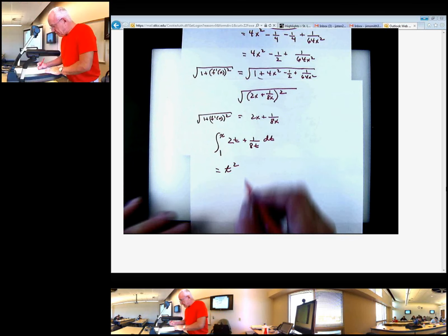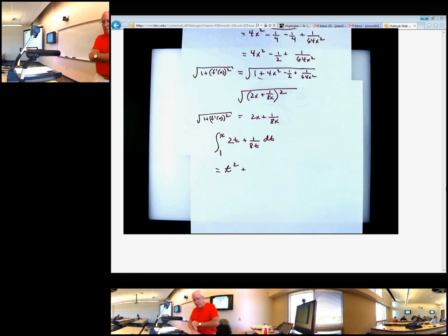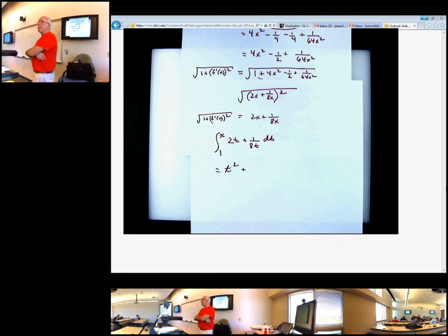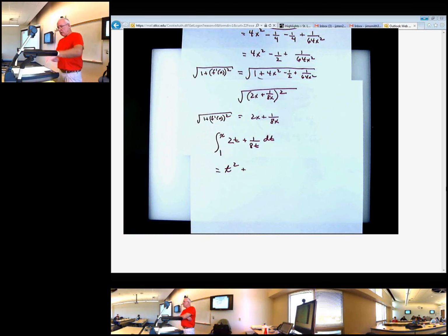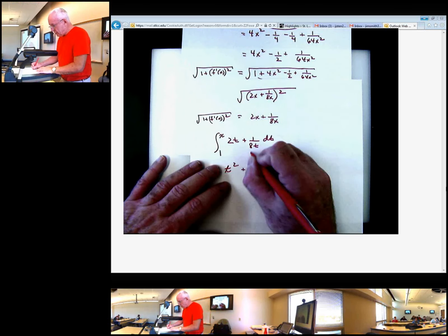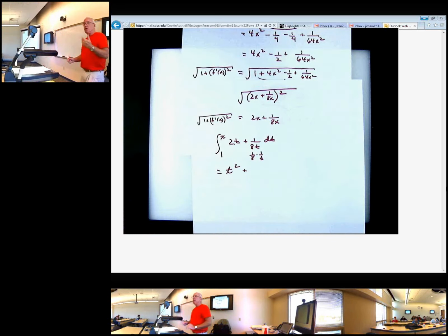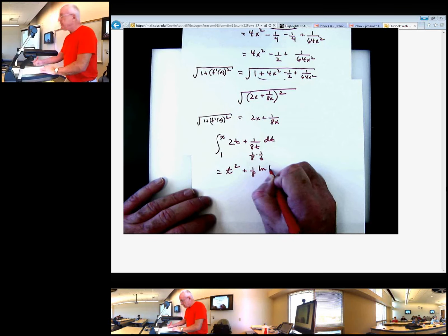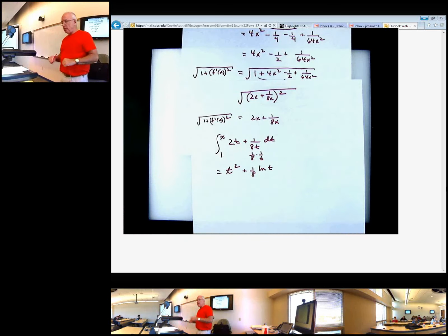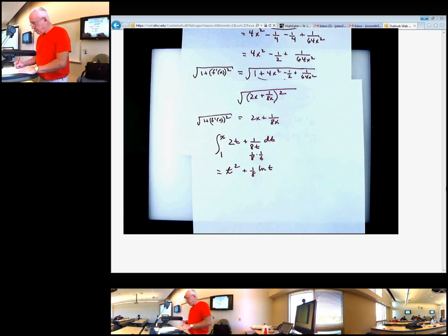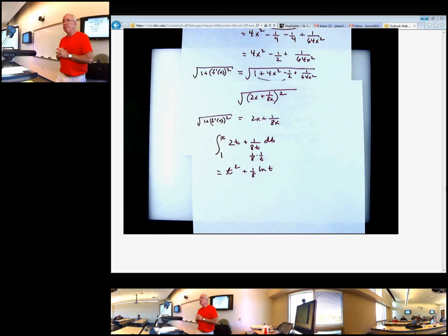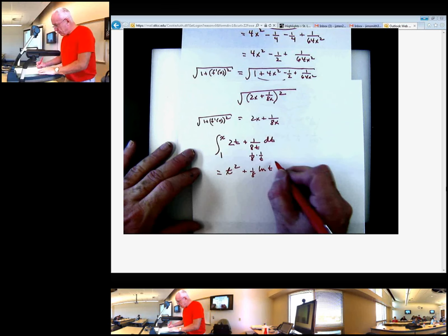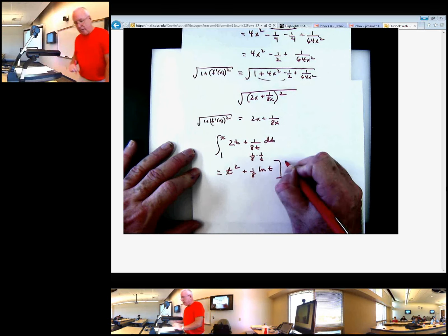And the antiderivative of 1 over 8t: this is 1 over 8 times 1 over t, so it's 1 over 8 times the natural log of t. Actually, it's the absolute value. We okay with the antiderivative? And then our limits are 1 on the bottom, x on top. Okay.